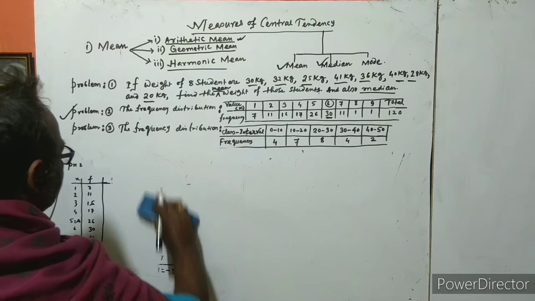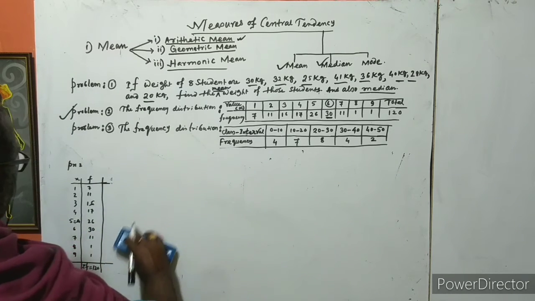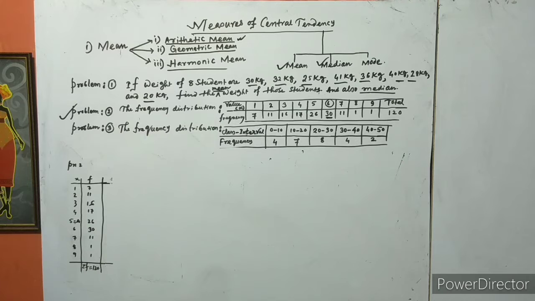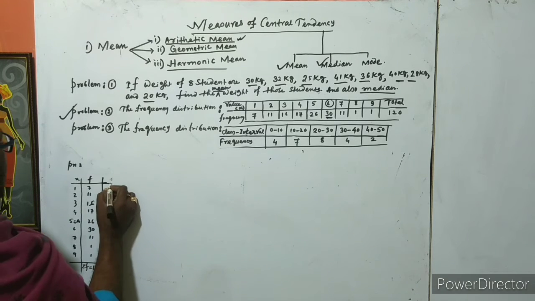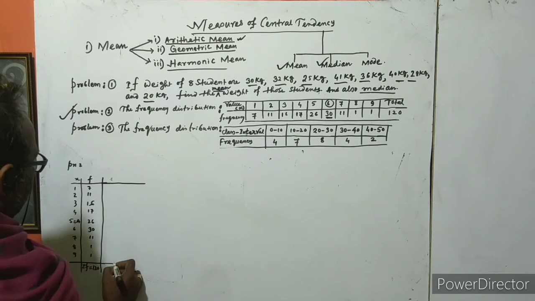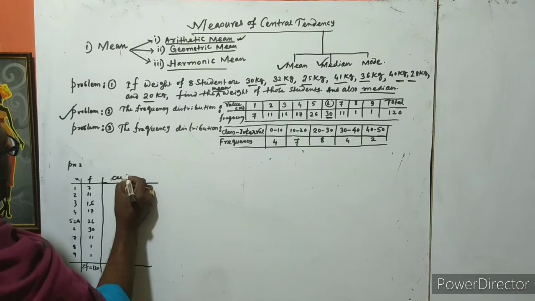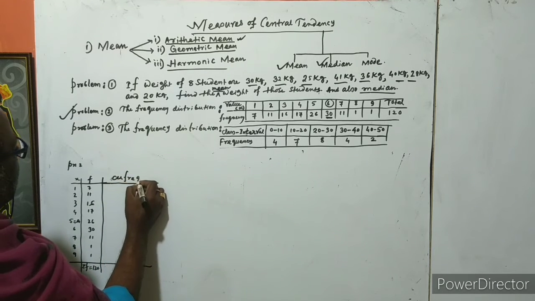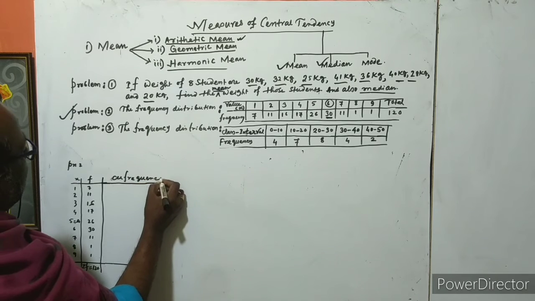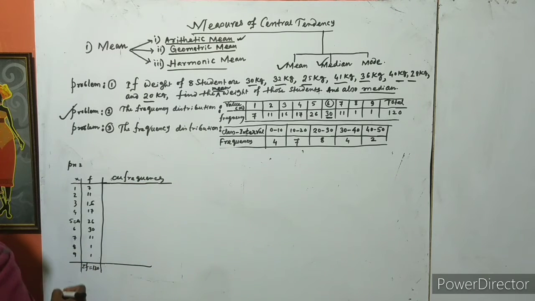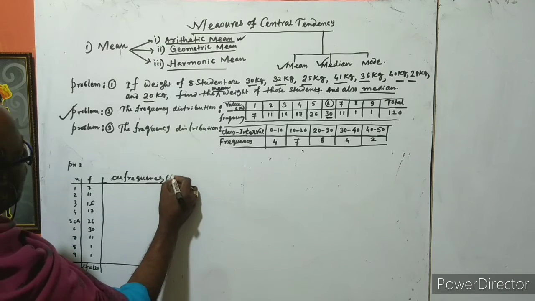Okay, for median, forming a cumulative frequency. Okay. So this is called the less than type.